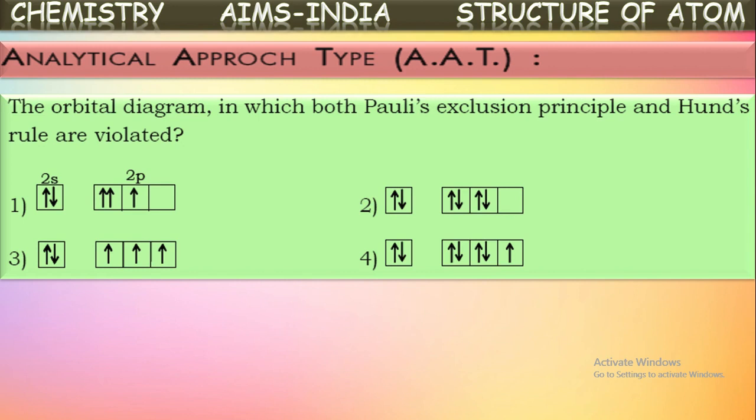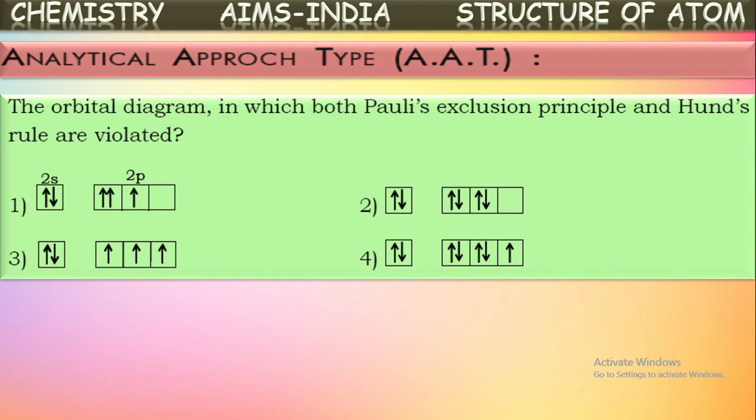The orbitals present in a subshell have the same energy, so they are called degenerate orbitals. These degenerate orbitals are first occupied with only a single electron. When all the degenerate orbitals are occupied by a single electron, then pairing will start. Okay, these two are the principles.